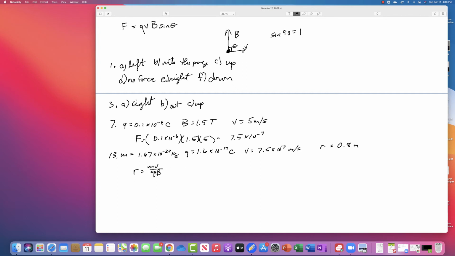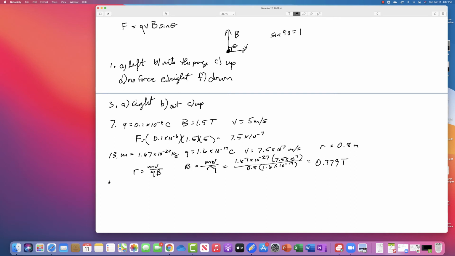Now what it's asking here is what is B, so if you solve this for B, you get mv over rq, and so you're going to get 1.67 times 10 to the minus 27 times v is 7.5 times 10 to the 7th divided by r, which is 0.8, times q, which is 1.6 times 10 to the minus 19. And if you do the math here, you get a field strength of 0.979 Tesla.